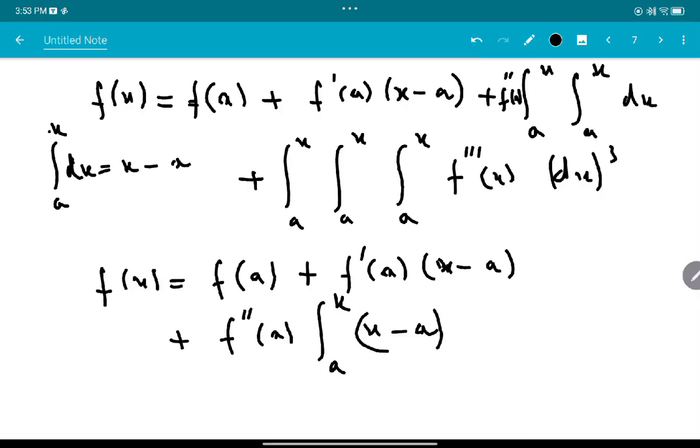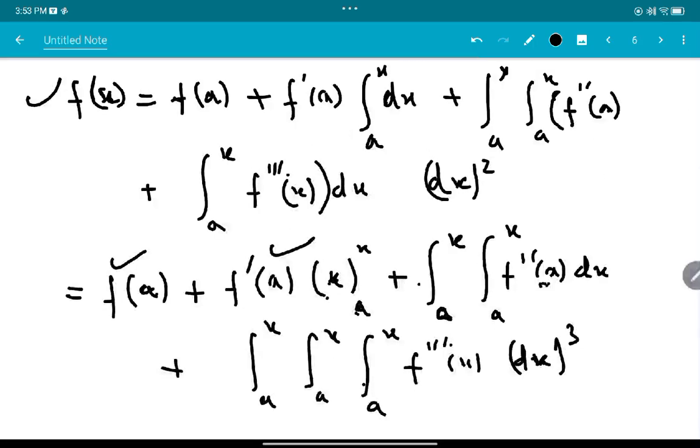And then we should have a second dx there because we had two integrals. But why did we drop that second dx? Let us see why we had that and how we actually dropped that second one. So you have a to x here, and inside that you have f double dash a, then f triple dash a.